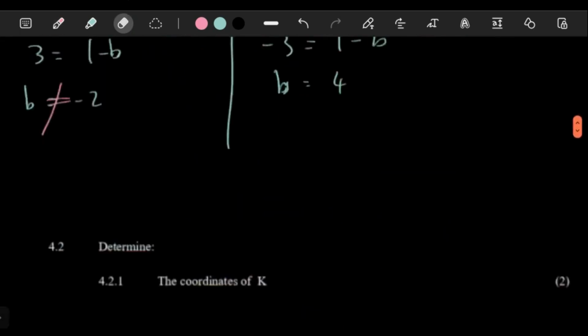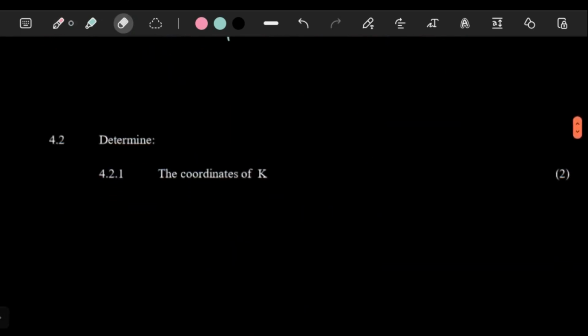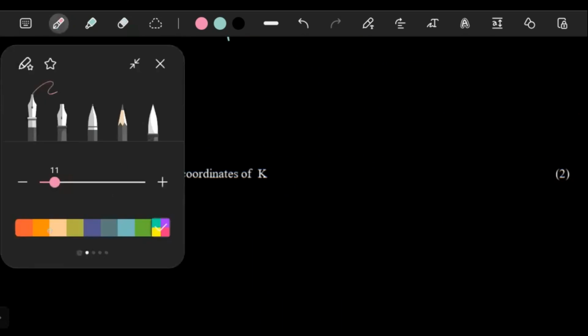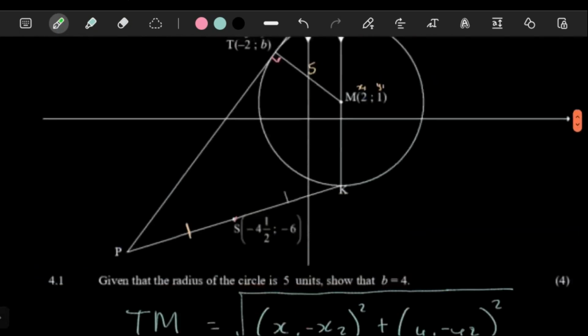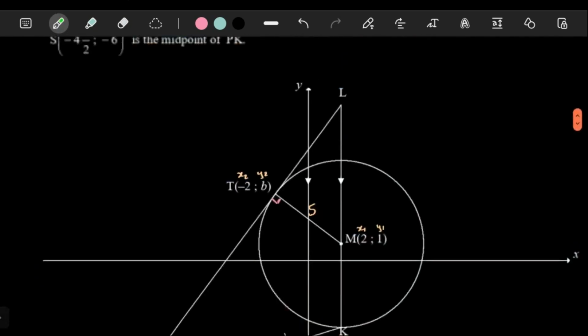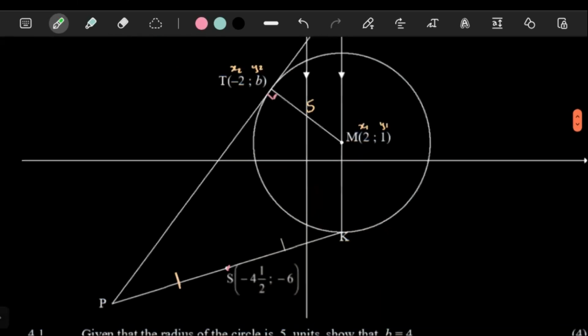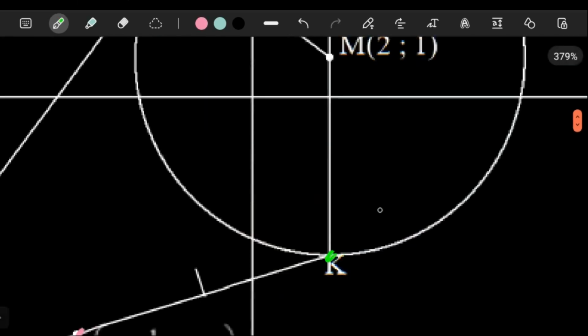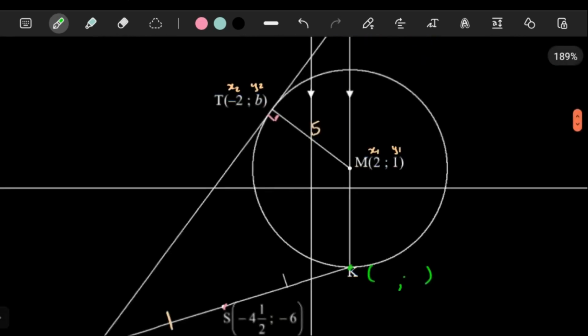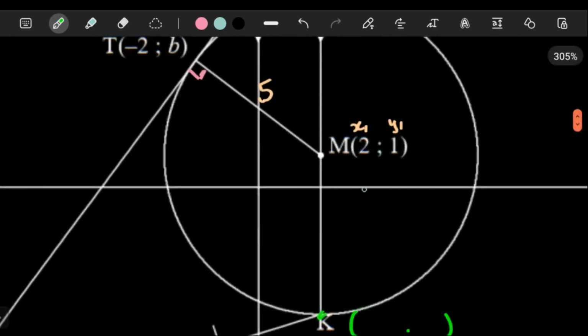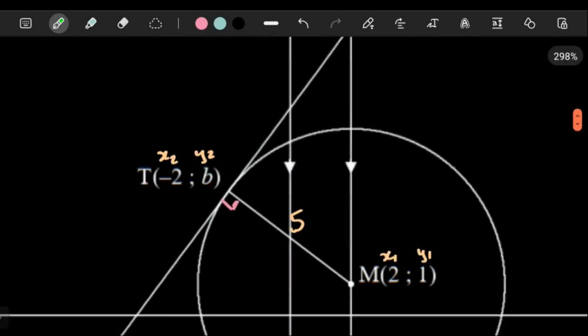Let's move on. Here it says, determine the coordinates of K, and it's a 2-mark question, because we're not doing anything crazy here. The fortunate thing is K is a point directly under M, because it's parallel to the y-axis.